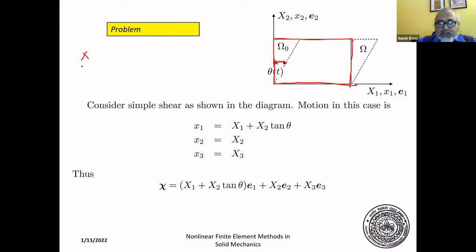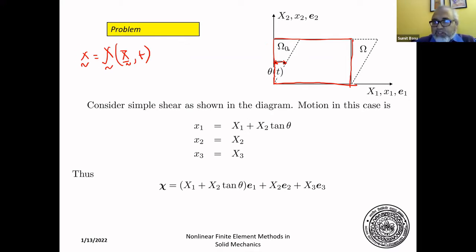So remember, motion is some function chi of capital X and t. So I have to take a point in the reference configuration, which is the red one, and t, and have to be able to say what small x is going to be.